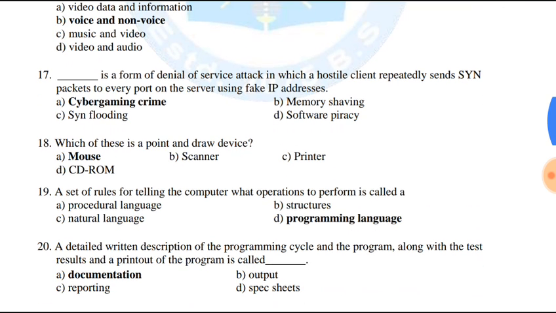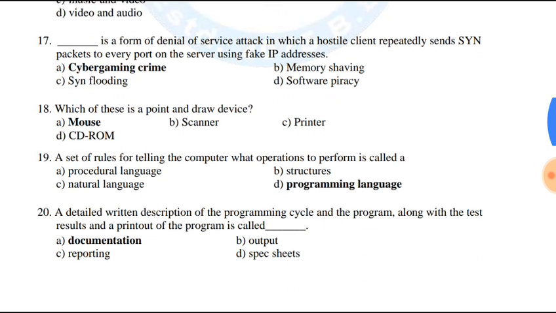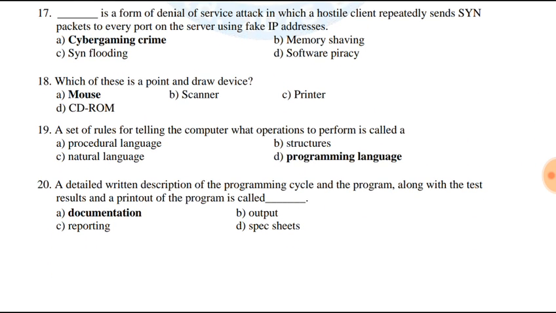The next one is, a set of rules for telling the computer which operations to perform is called a programming language. The next one is, a detailed written description of the programming cycle and the program along with the test results and a printout of the program is called documentation.